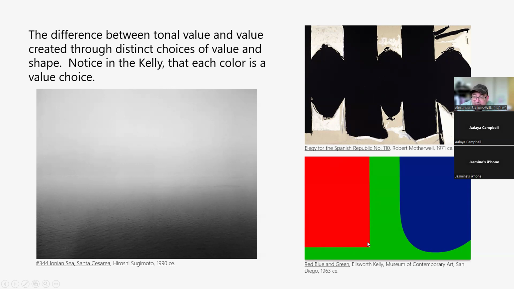This is probably the second time we've seen this, maybe the third. And on this painting, I want you to think about each color as a distinct value, right? Which one is the darkest value? Do you know? Is it blue? That's right. Yeah, it's the RGB blue, which is actually a blue slightly on the blue violet side, right?